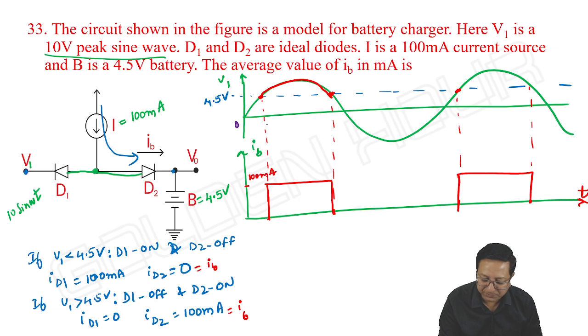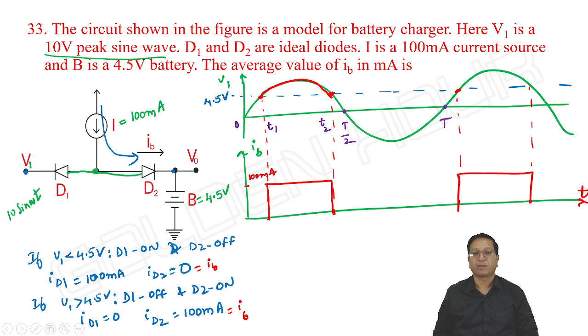Okay, it is 0, this interval t1, it is t2, this is T by 2, and this is T. So what might be the time period here? One full cycle of a sine wave, time period I can write 2 pi. And what about T by 2? It is equal to pi.